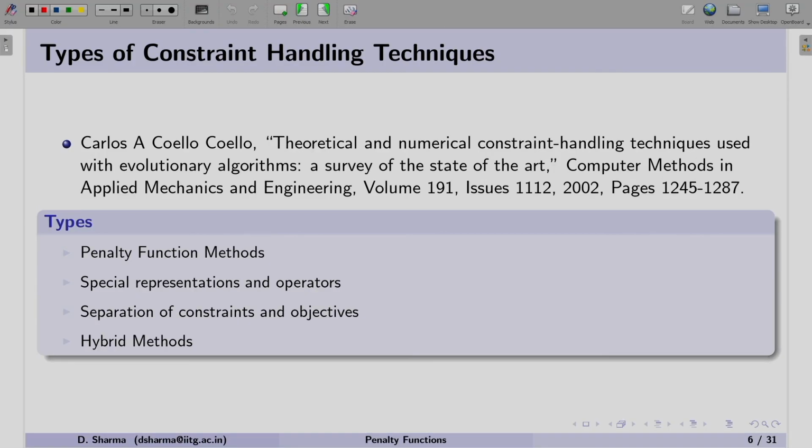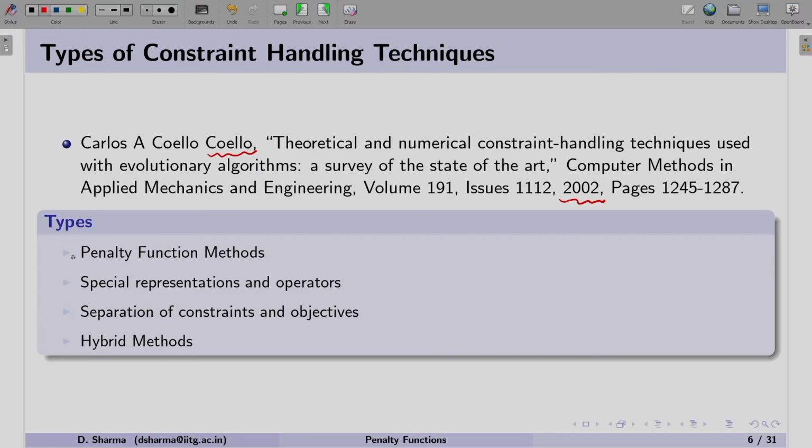This is one of the good papers given by Professor Coelho. Although it is quite old, which was published in 2002, this particular paper has covered most of the constraint handling techniques that can be used with EC techniques. So on the basis of that paper, we can have different kinds of constraint handling methods.